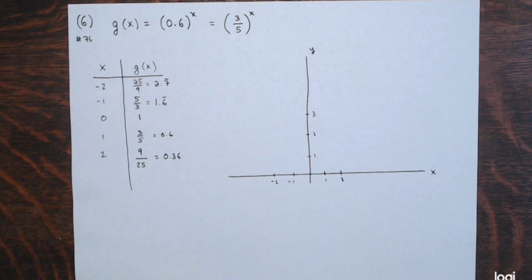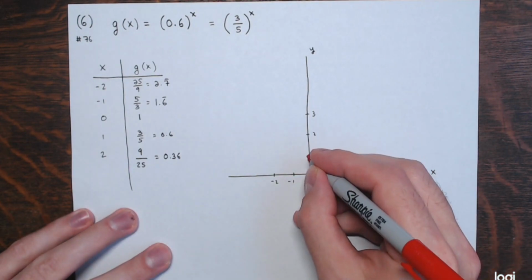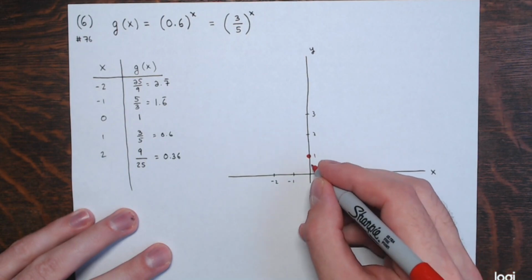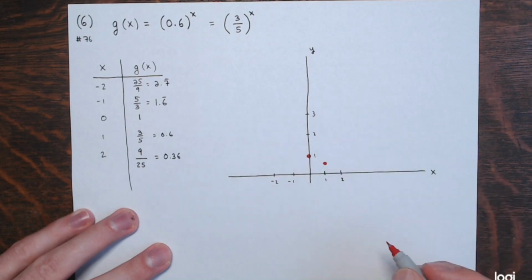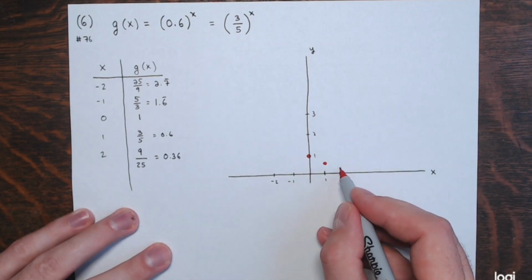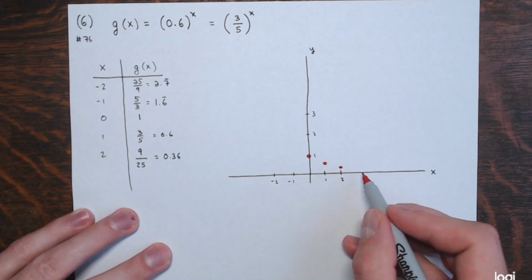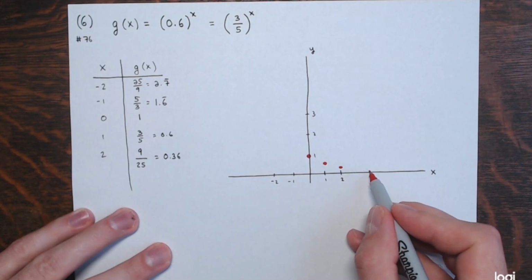Input 0, output 1. Input 1, output 0.6, which is a little more than a half, but still less than 1. Input 2, output 0.36, so even smaller. And then I plug in 3, it's even smaller, but still positive. Put 4 in, still smaller, but positive.